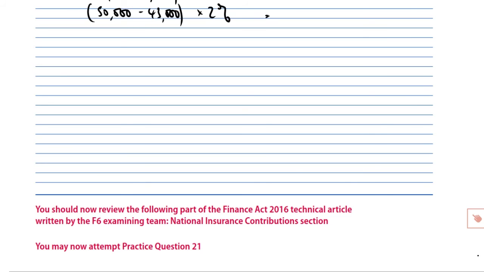Well, we now change tack quite dramatically because we move from taxing income in all its various forms, or as here just employment income and trading profit for workers, to look at capital gains for individuals.